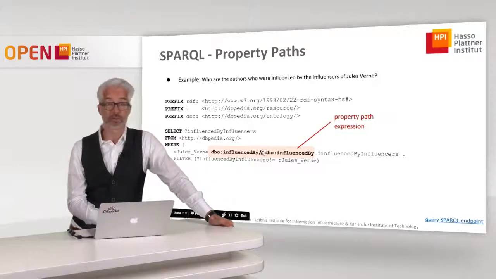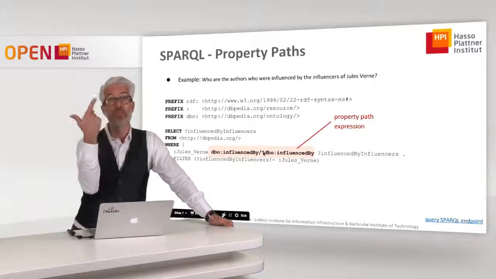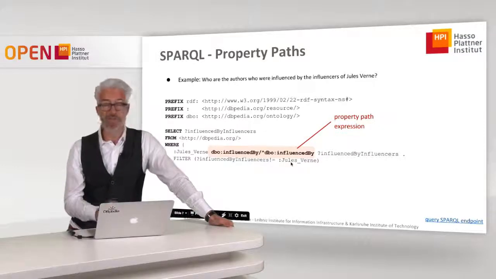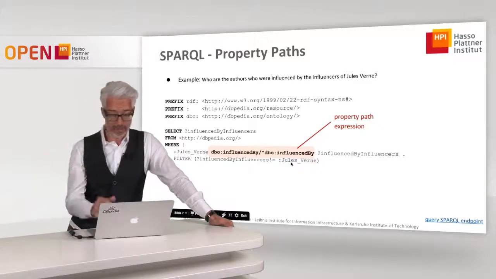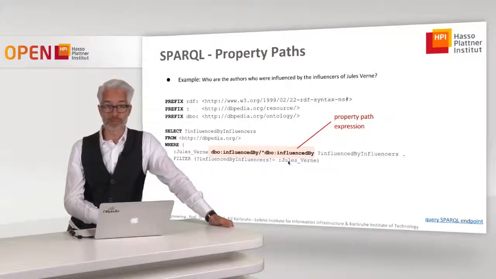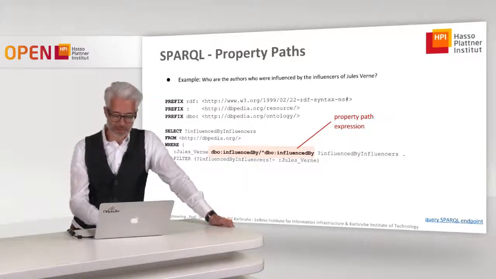And this is inversed, reversed. And of course, then we have a filter condition that we do not want to have Jules Verne among the result set. So all the influenced by influencers should be all but not Jules Verne. So who is influenced by the same people like Jules Verne?